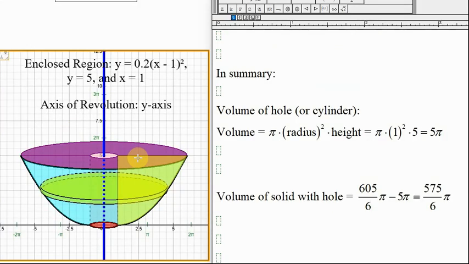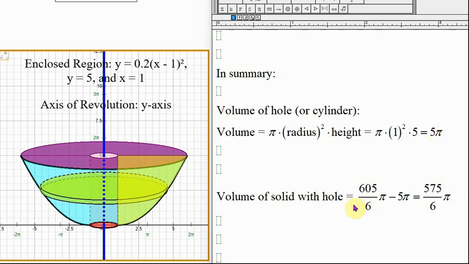And so in summary, what we want is the volume of the solid with the hole. And the hole is just a cylinder. So the volume of the cylinder is pi times the radius squared times the height. The radius of this cylinder is just 1, and the height of the cylinder is 5. So the volume of the cylinder is 5 pi.